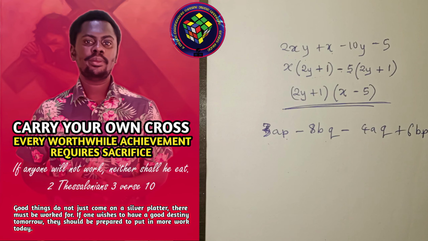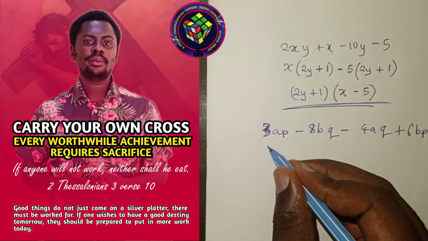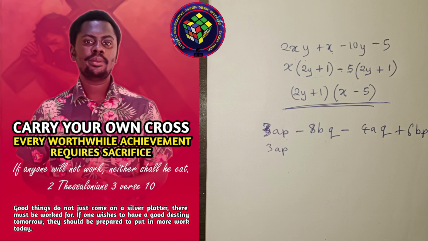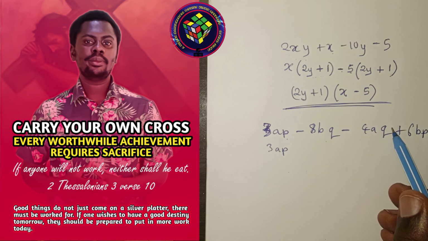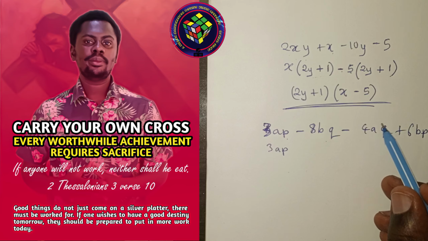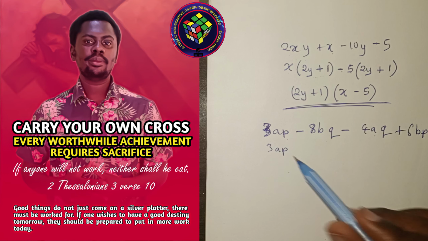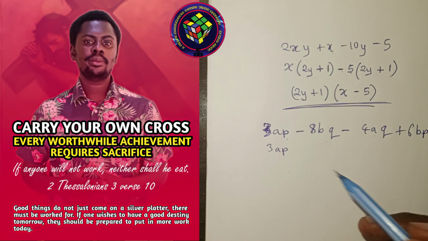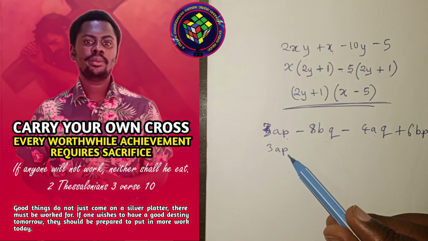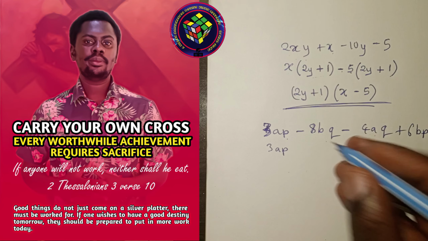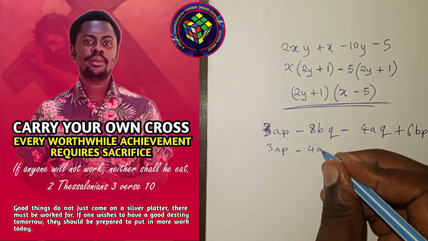What we can do is we'll get this 3AP. 3AP can go with 4AQ because in this 4AQ there is an A, and in this 3AP there is an A. So after 3AP we can follow with minus 4AQ.